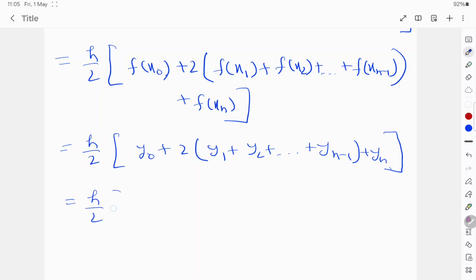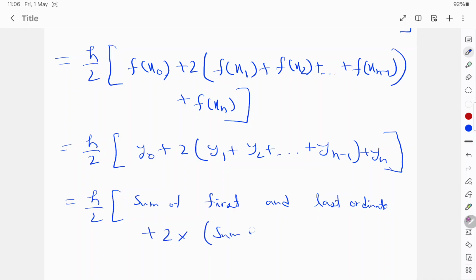So h by 2 times the sum of first and last ordinate, plus 2 into the sum of all other ordinates.